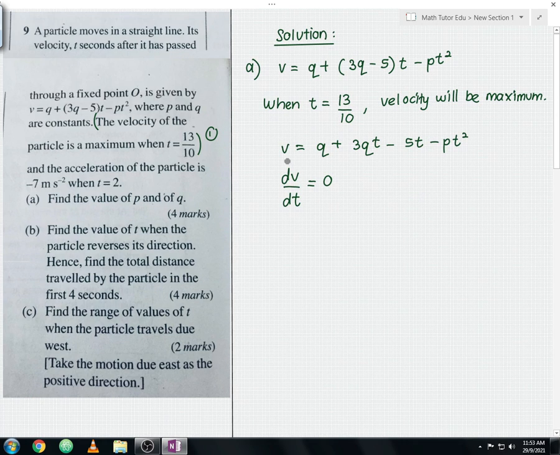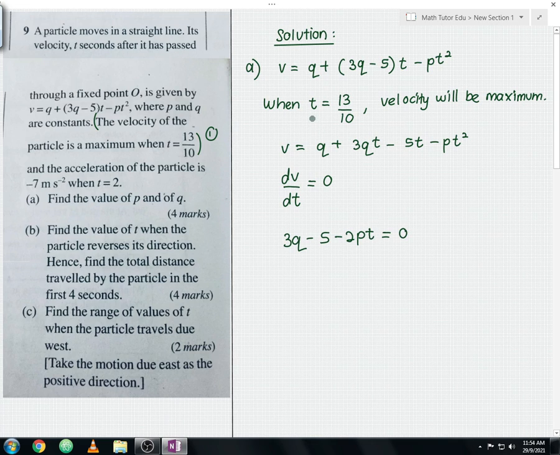So from here you apply dv over dt such that it equals 0. Now you can proceed to differentiate this velocity equation. So you differentiate this. So from here you get 3q minus 5 minus 2pt, and it equals 0.